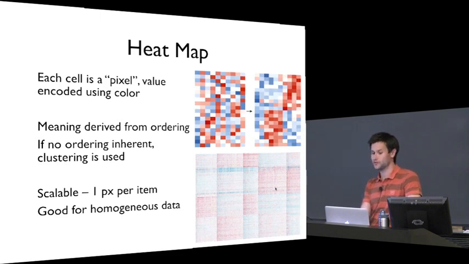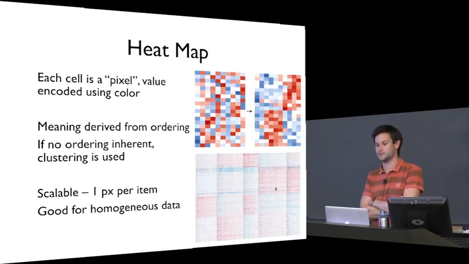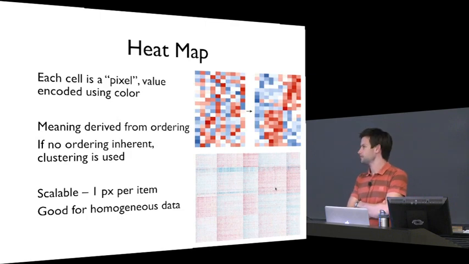But this only works if you have a powerful clustering algorithm. And as I said, this is really good for homogeneous data. So if your dimensions are all the same. But if your dimensions, like in the Titanic data set, are very, very different, then you cannot show it just as a heat map.